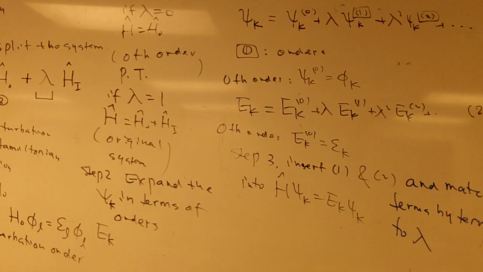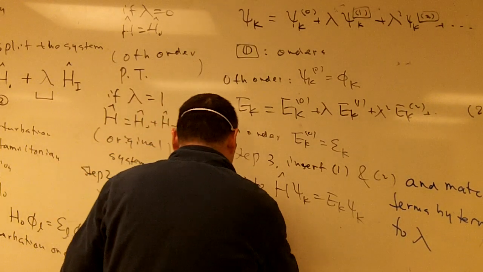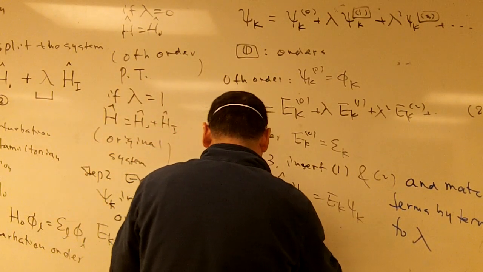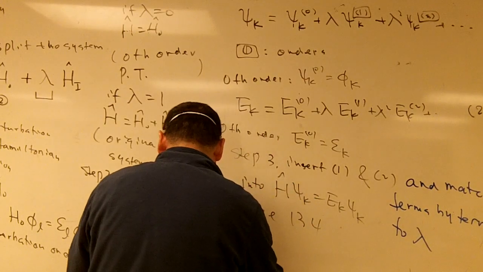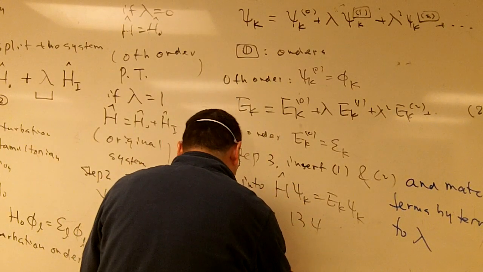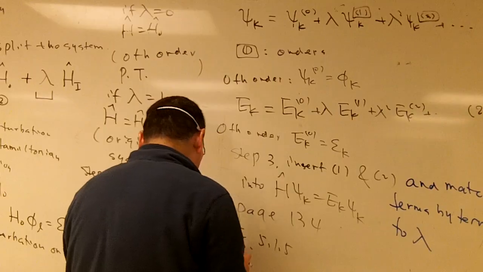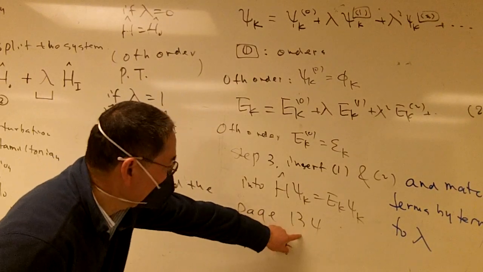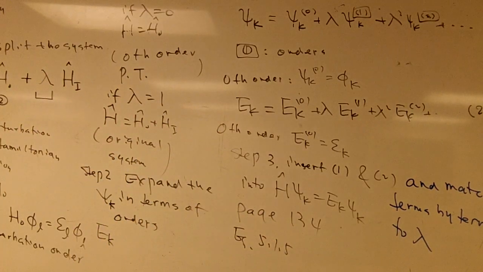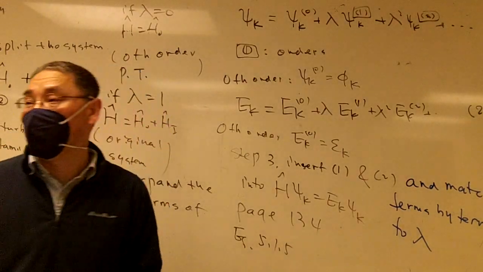And this time I want you to read that. Folks, let's go to page 134 and equation 5.1.5. Starting from this equation, let's go to page 134. Everybody, page 134, equation 5.1.5.